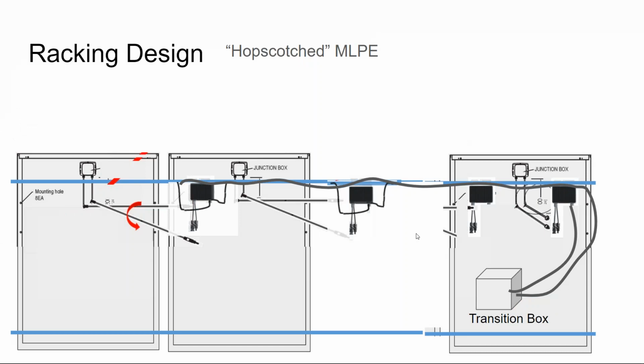I don't like putting my conduit across the roof for a number of reasons. The number one is temperature. You're putting copper cable inside of aluminum conduit and then putting it into the most extreme temperature on the roof.